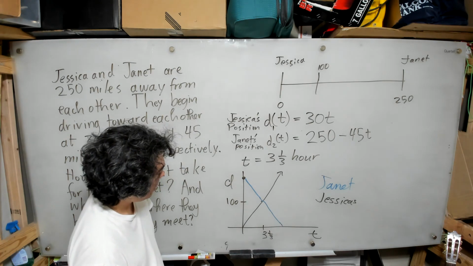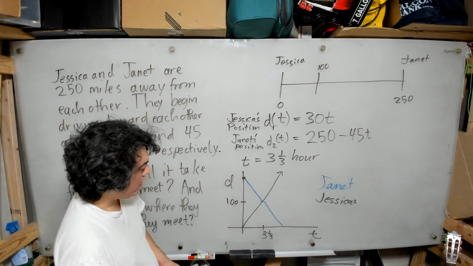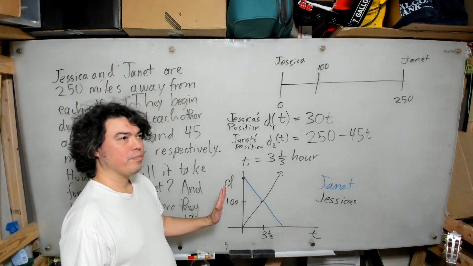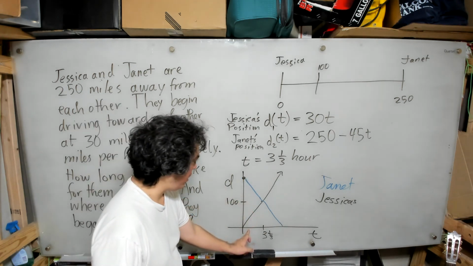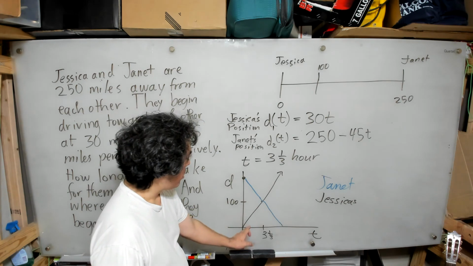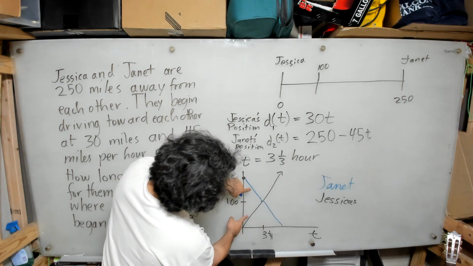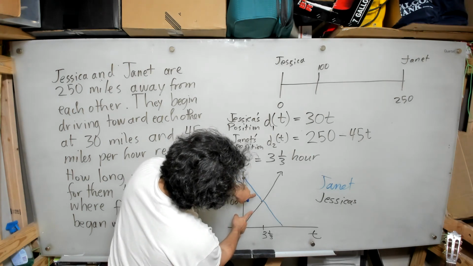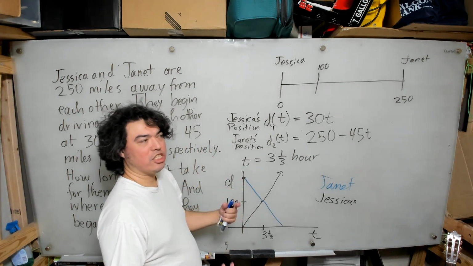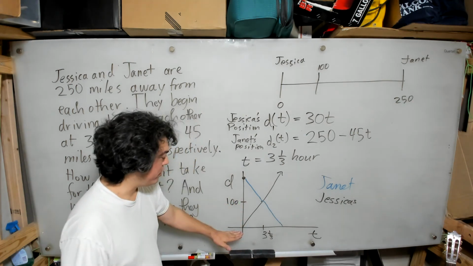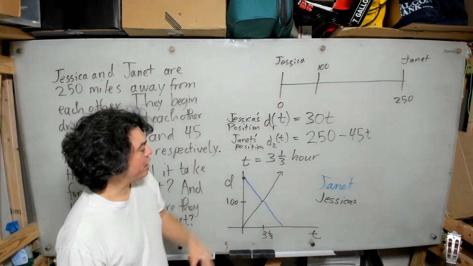And so what you can see is that if I were to draw a vertical line at any time here, this graph tells me where Janet and Jessica were at that time, relative to the position 0, which is where Jessica was.